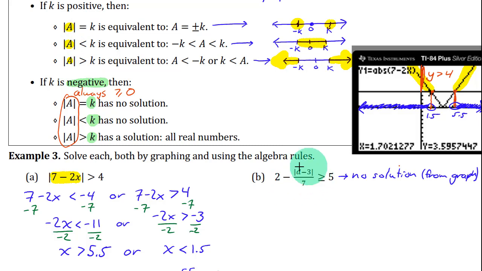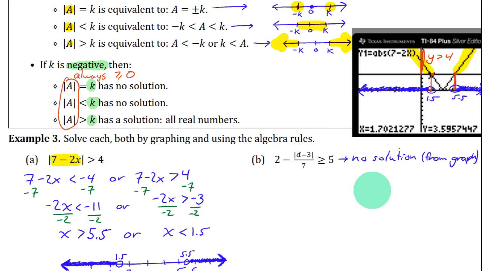There's a 2 minus the absolute value, and there's a divided by 7. You've got to deal with all that stuff. So to get just the absolute value, so you have something that looks like one of these, I'm going to subtract 2 from both sides. That will leave you with negative absolute value of (d minus 3) over 7 is greater than or equal to 3.